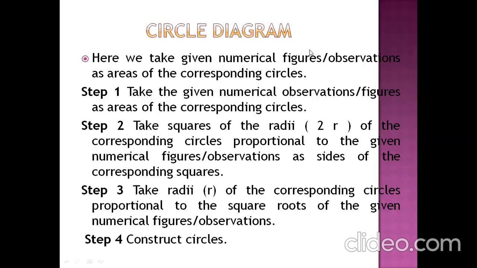Okay. So for the previous example, same example 3, 4, 5. In the previous example, 3, 4, 5 came as sides of the square. Now here we will take it as radius of a circle and we will draw.